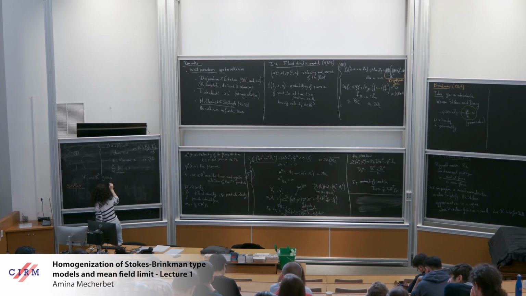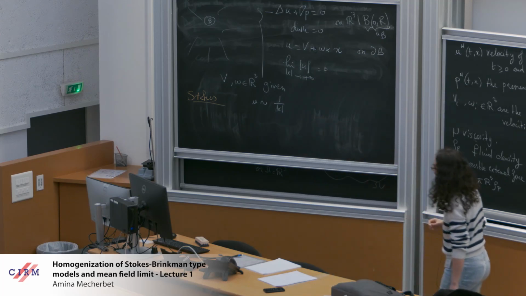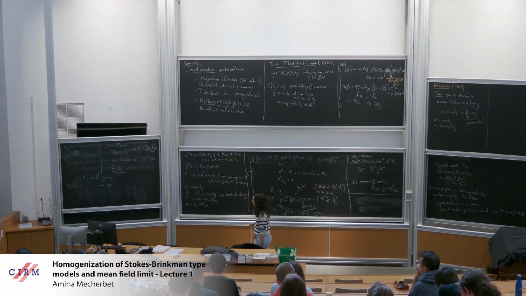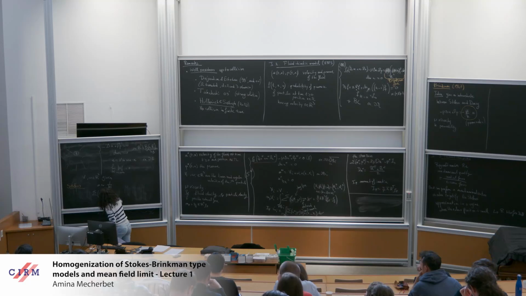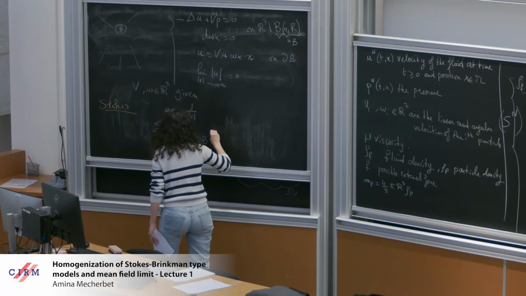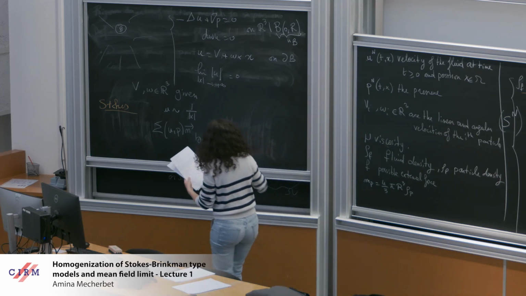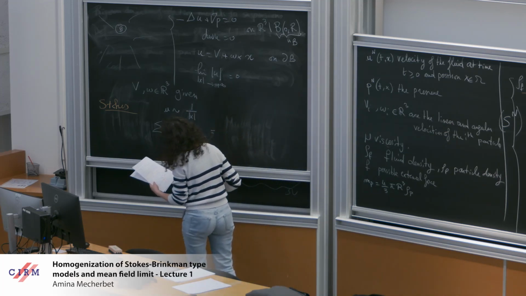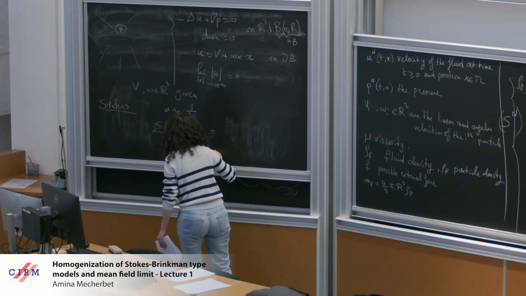But what you have to notice is that it decays like 1 over x, just like the fundamental solution of the Stokes equation that I will also recall later. And what is important is that he computed the Cauchy stress tensor on the boundary of the particle, where n is the inner normal.